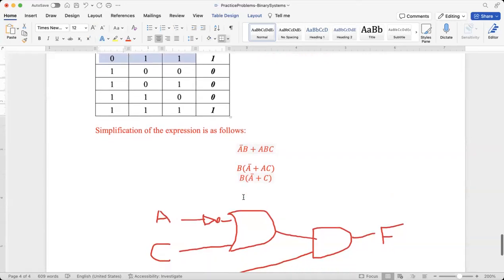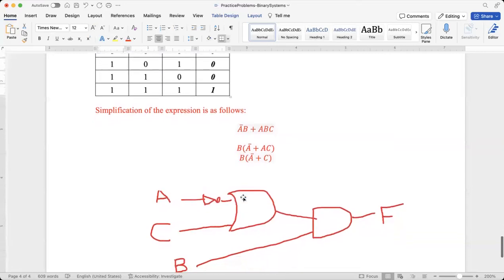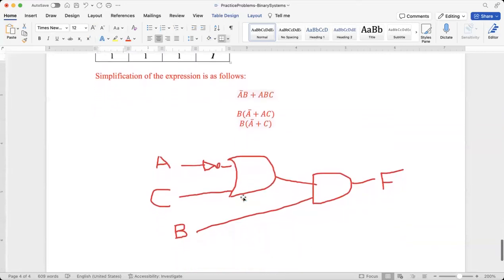How are we going to create the actual circuit for this? I would very much prefer to start from the part that is in parentheses. So I have a not A here, and my input was A, so I need to inverse it. I'm going to inverse it with a NOT gate.